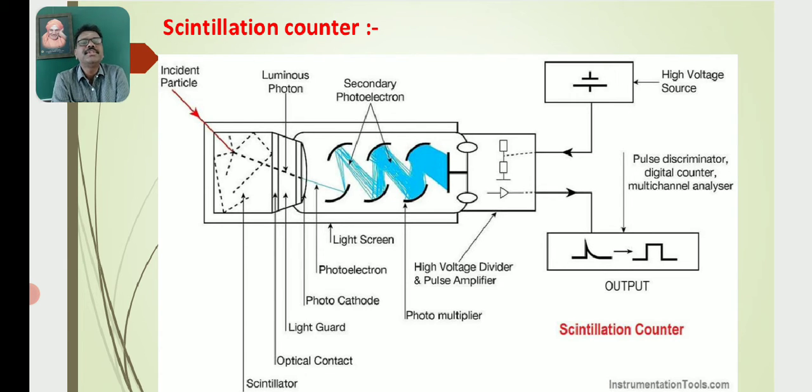Then a high voltage divider which is placed in front of the secondary photoelectron. Then a photomultiplier, then a high voltage source, then finally a pulse discriminator, digital counter, multi-channel analyzer, then finally we will get the output.